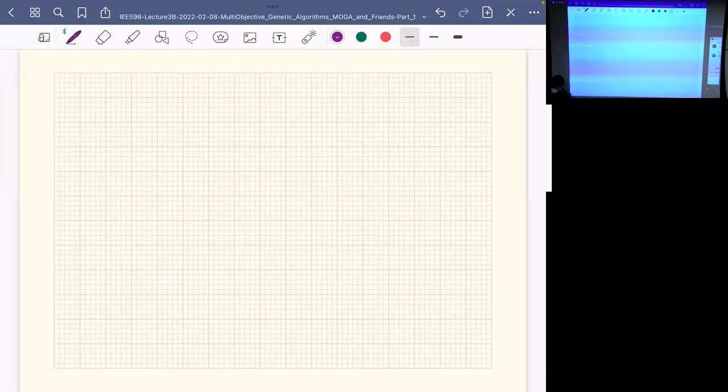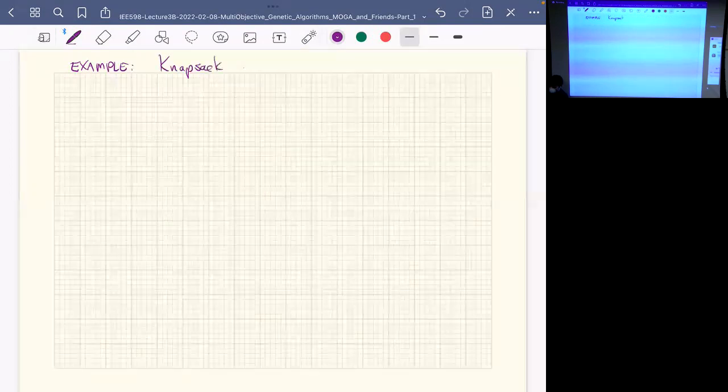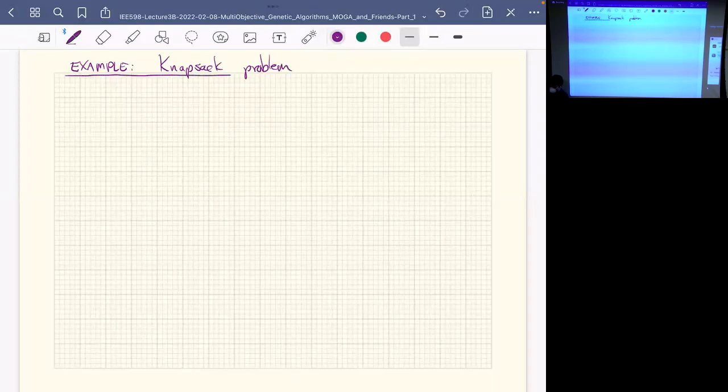So imagine, as an example, the so-called knapsack problem, which many of you have probably seen before, and you've probably solved it in a not very Pareto way. The idea here is you've got n items that you want to put into your bag, into your knapsack.